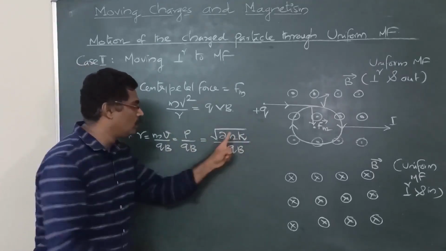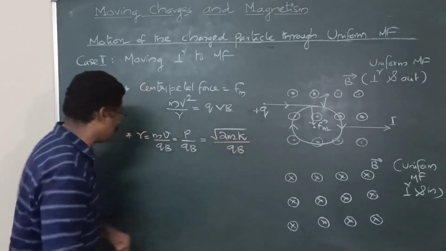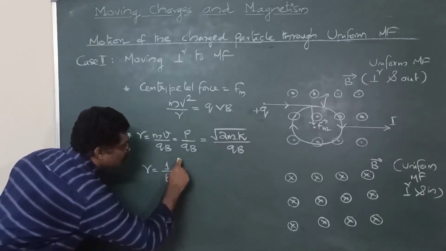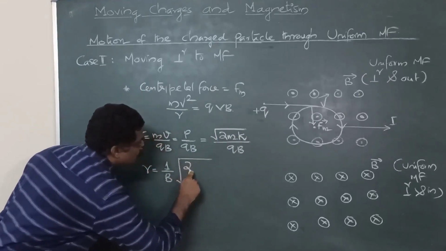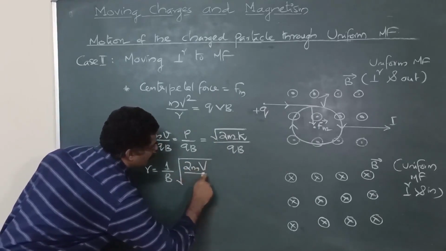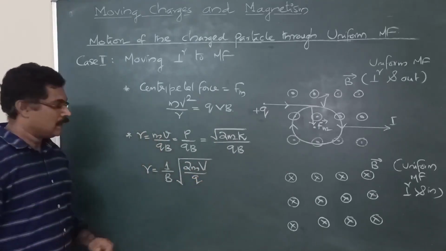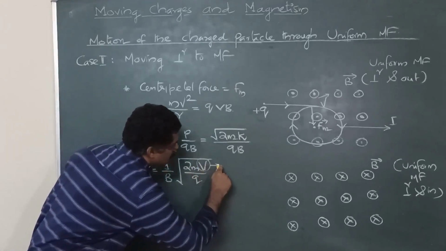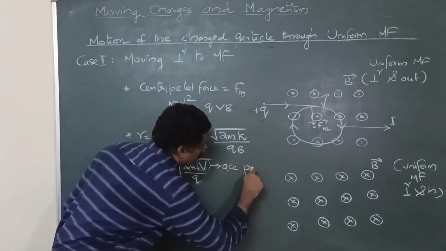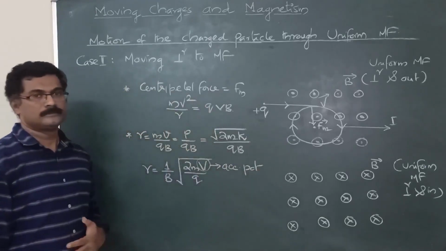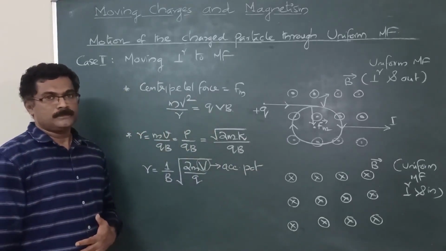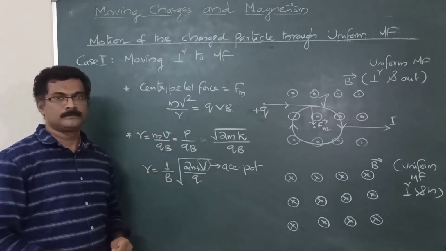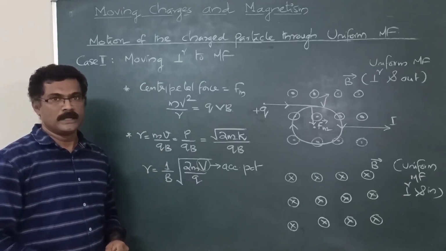So you can substitute qV here, and solving we get another equation for radius, that is equal to 1 by B into root of 2mV divided by q. Here this capital V is called accelerating potential. Okay, so this is very important. You got the idea?